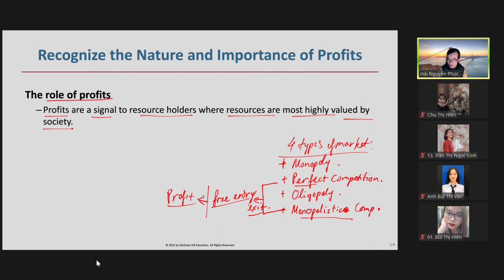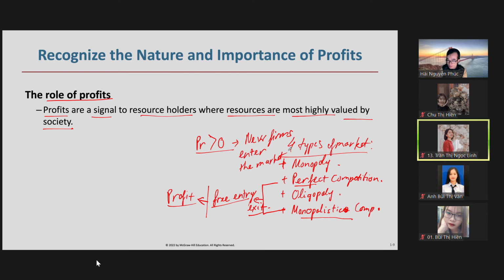And the rule is pretty simple. In perfect competition or in monopolistic competition, if the profit is positive, then what will happen? New firms will enter the market. We understand the point?